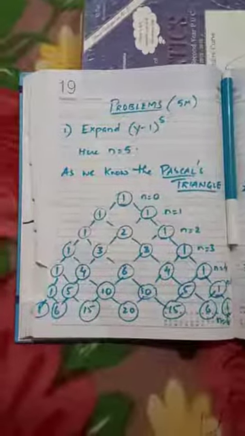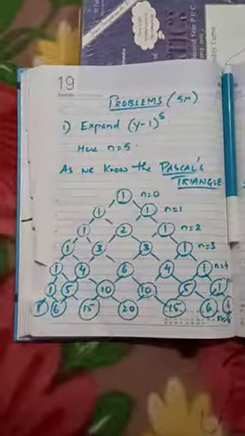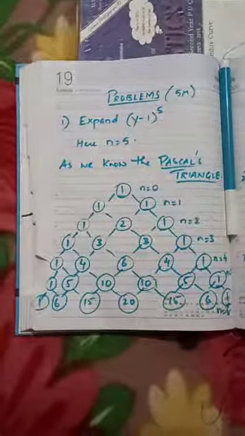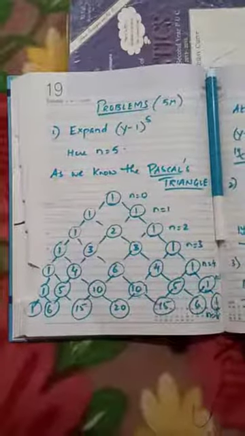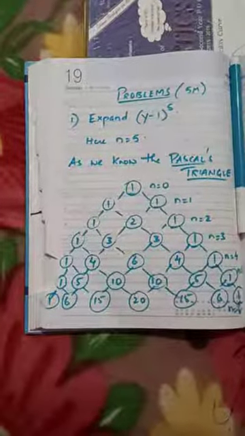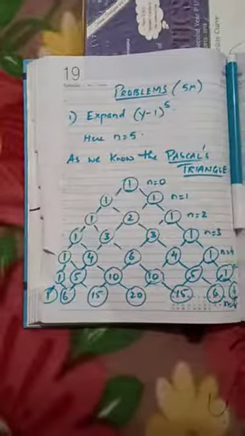See, if you see the question, expand (y minus 1) whole power 5. First and foremost, generally in a data, we see how many known values of the dependent variable y there are, and based on that we expand the binomial form, isn't it?